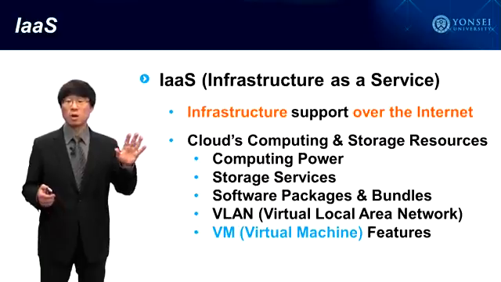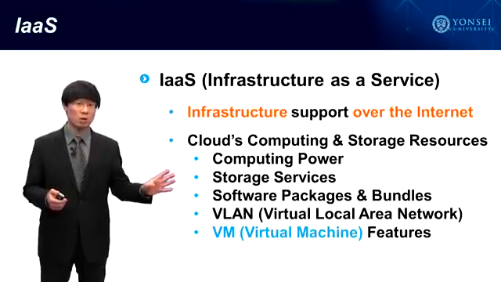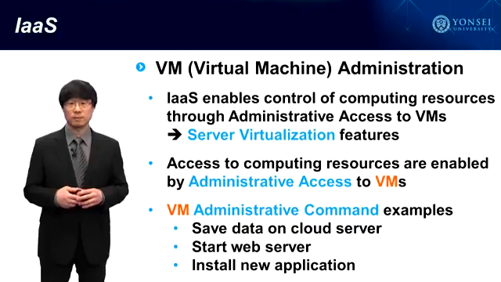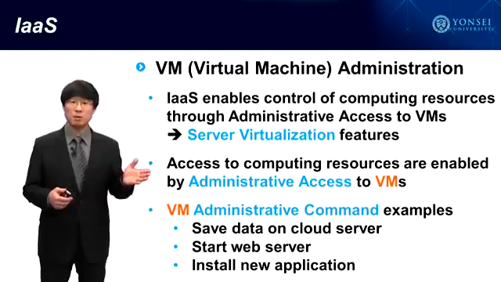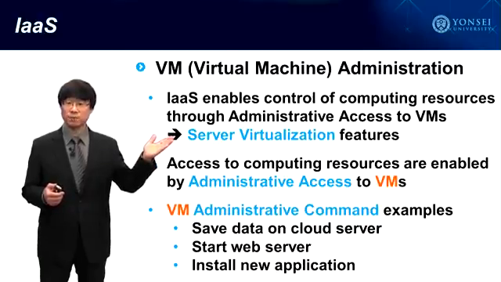Infrastructure as a service is supported over the internet, and this basically provides cloud computing and storage resources, such as computing power, storage services, software packages and bundles, virtual local area networks, VLAN, and also virtual machine features. This enables virtual machine administration, providing control of computing resources through administrative access to virtual machines.